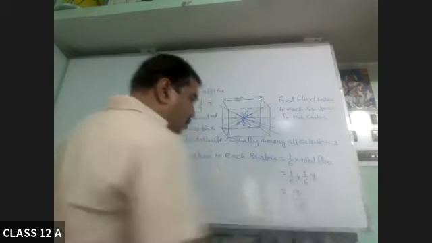And the charge q is present at the center of this surface. You are asked, what is the flux linked to this hemisphere? Half q by epsilon naught. Half.